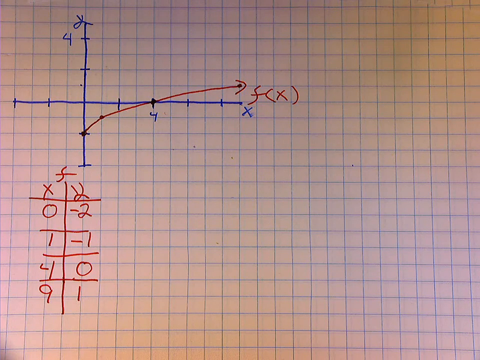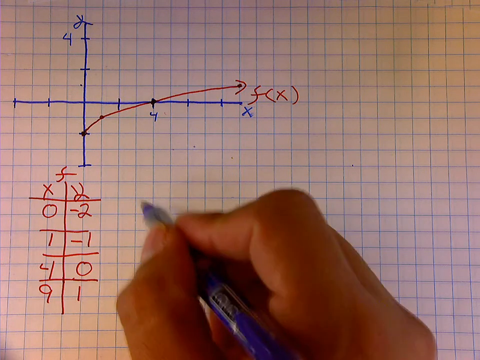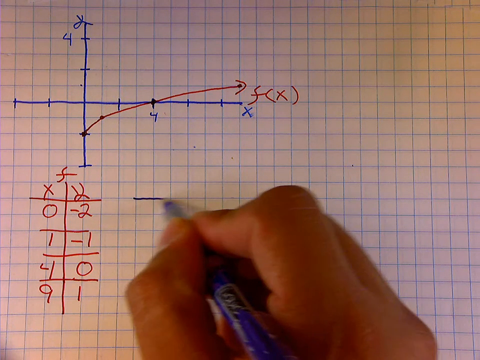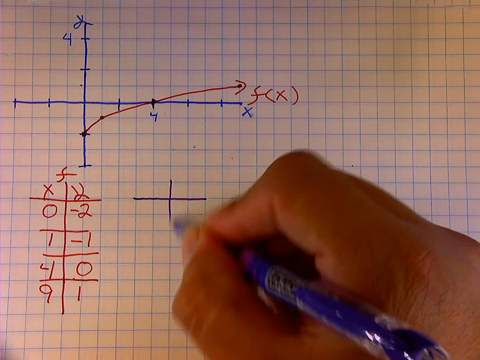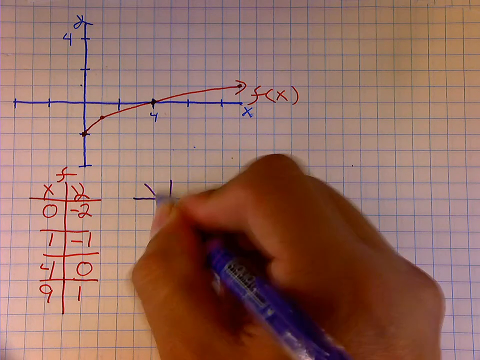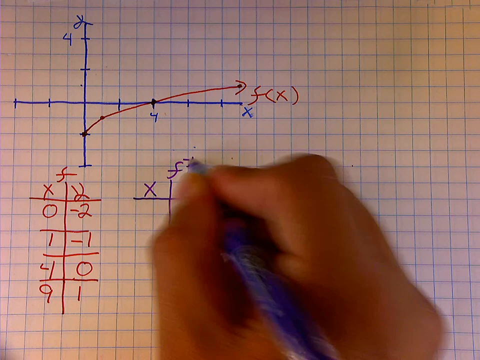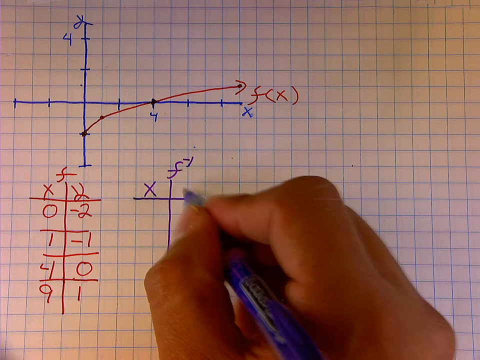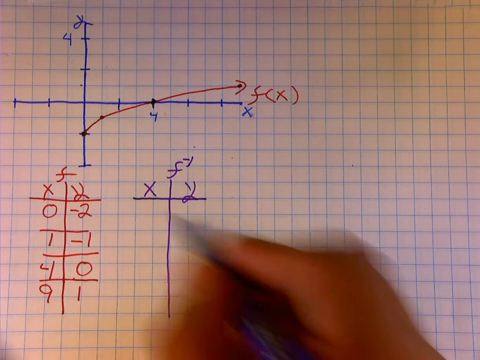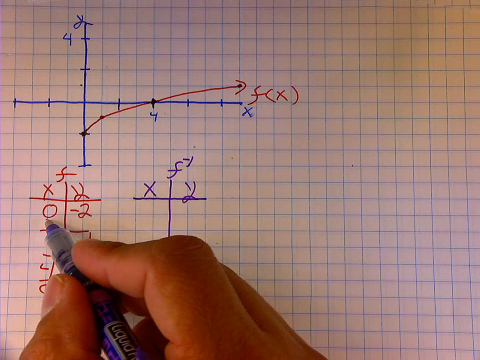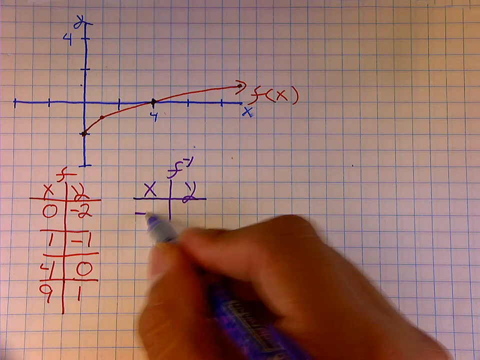Everyone okay with that? Now, I'm going to give you some points of the inverse. This is going to be the inverse of f of x. F took 0 and made it a -2.